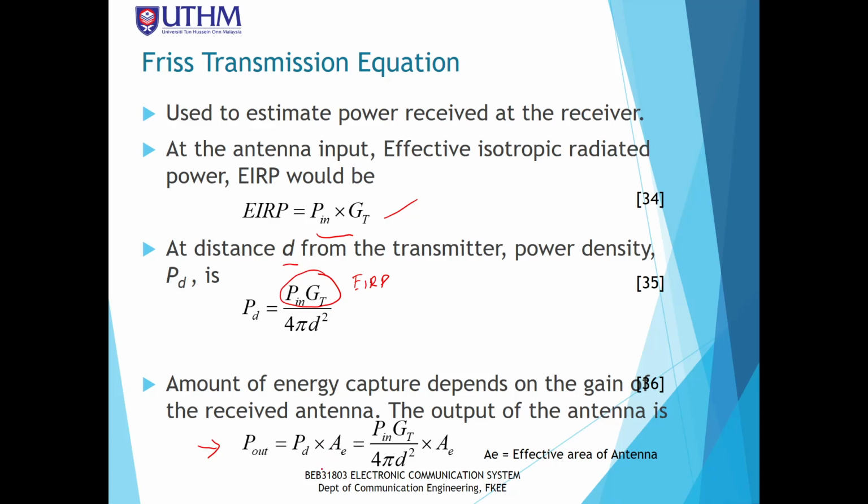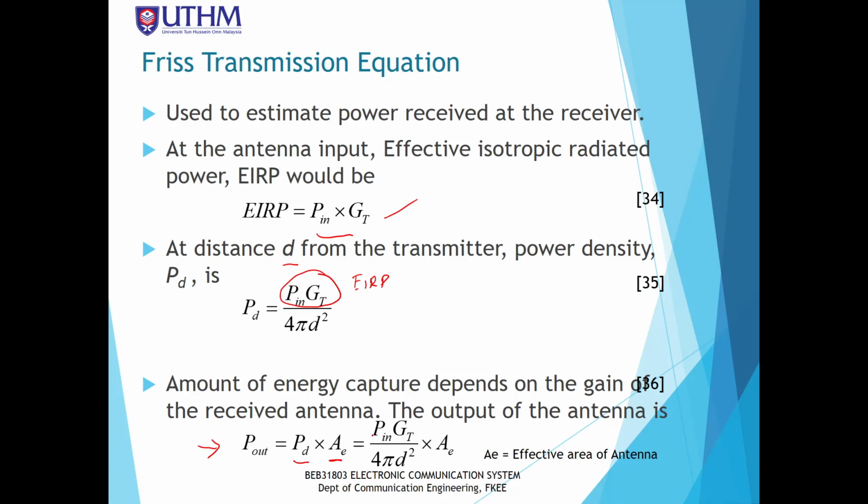AE is the effective area of the receiving antenna. So remember, PD is watt per meter squared, and this one is effective area, the unit is meter squared. So watt per meter squared multiplied with meter squared, you're going to get a value in terms of watt.